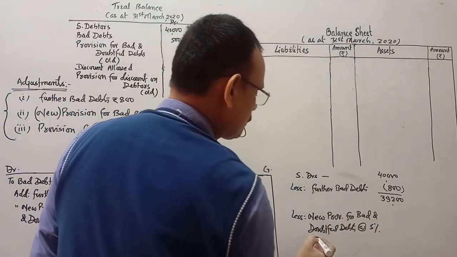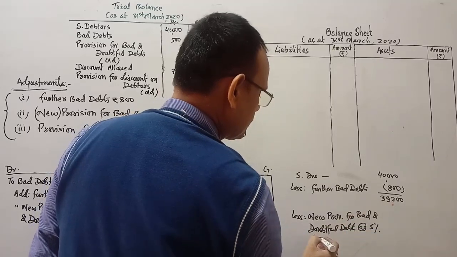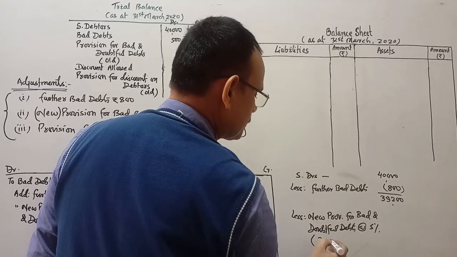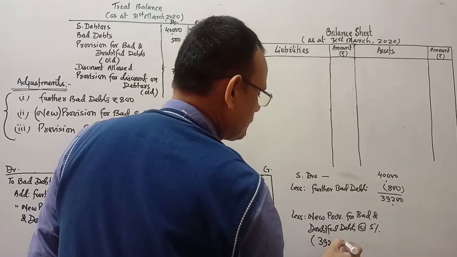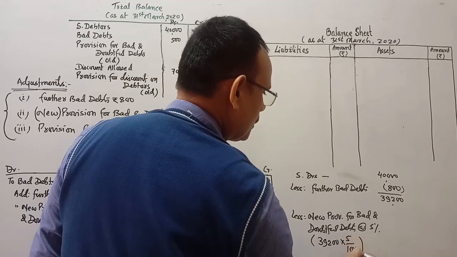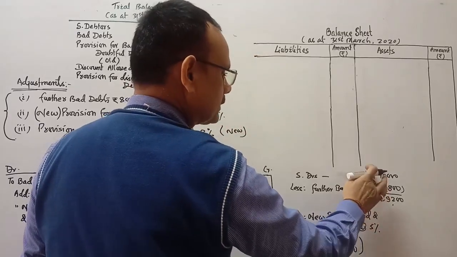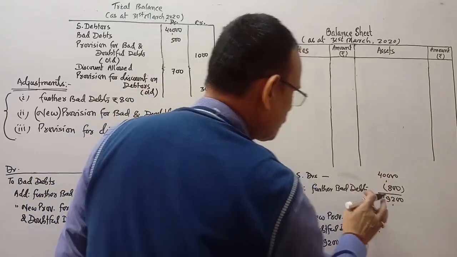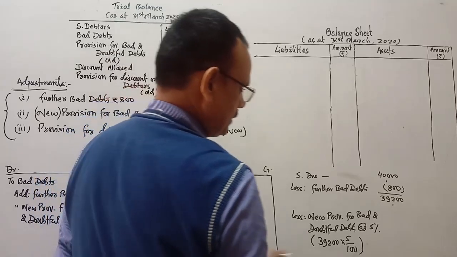So 5% on which amount? 5% of 39,200. After deduction of further bad debts, on the rest of the amount we will calculate the 5%.